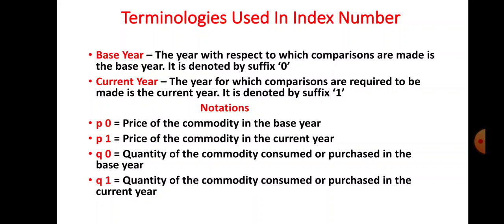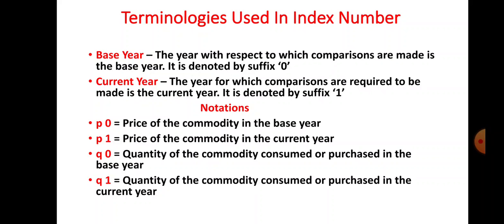Then second one is the current year. The year for which comparisons are required to be made is the current year. It is denoted by suffix 1. Now let us see the various notations in the construction of index number. P0 is the price of commodity in the base year.